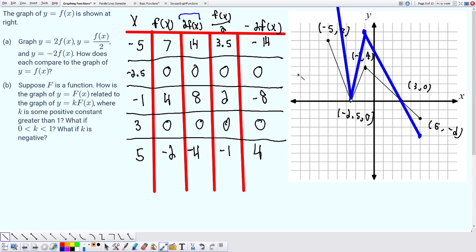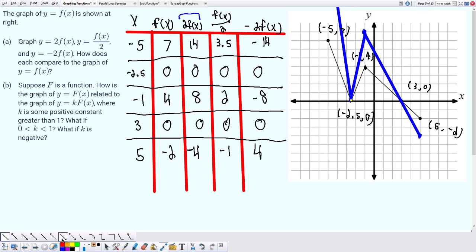Now that's interesting, but I can't really quite tell what's going on. It looks to be definitely larger, and it seems to be kind of like getting skinnier in a way, like compressing on the x-axis, but definitely getting larger on that y-axis.